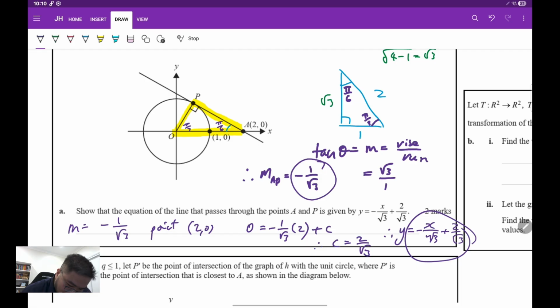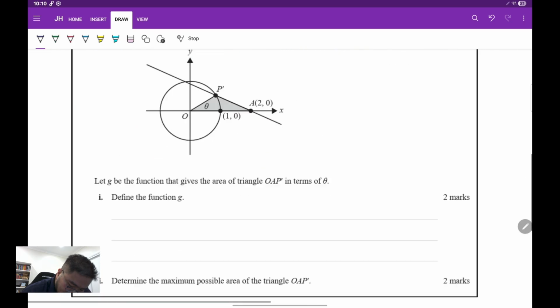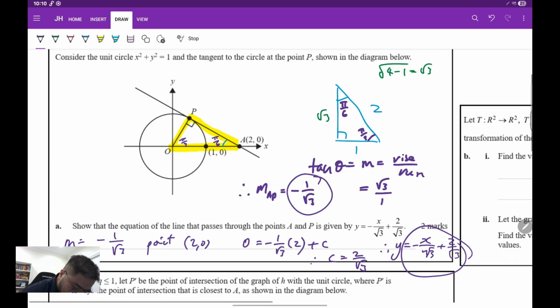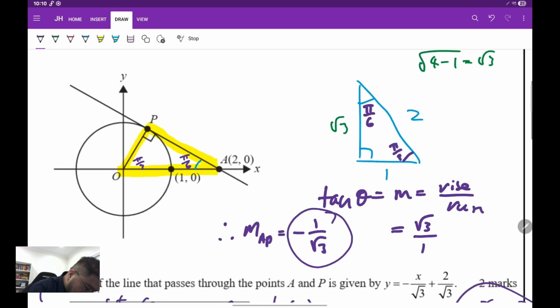All right, just because I can anticipate this further down in the questions, I'm going to just quickly work out what coordinate P is. Now, in order to work out coordinate P, I'm going to cut this into a little triangle.